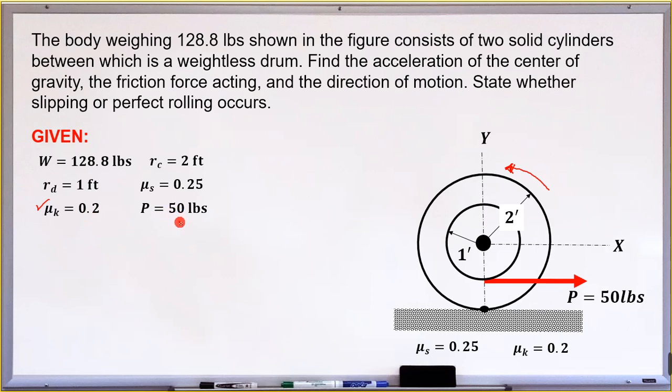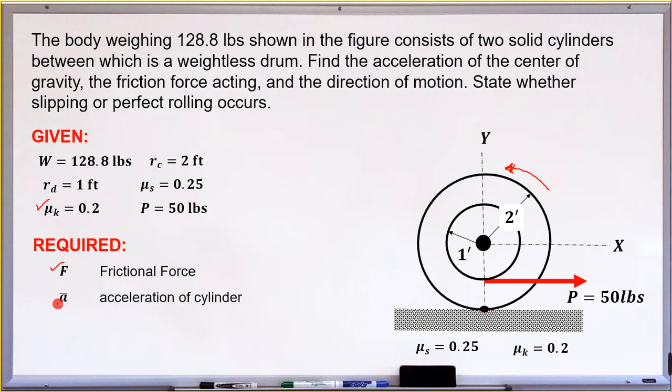So what is asked in this problem, we have, I think, four requirements. The first one is the frictional force. This frictional force acts at the point of contact between the two solid cylinders and the horizontal surface.